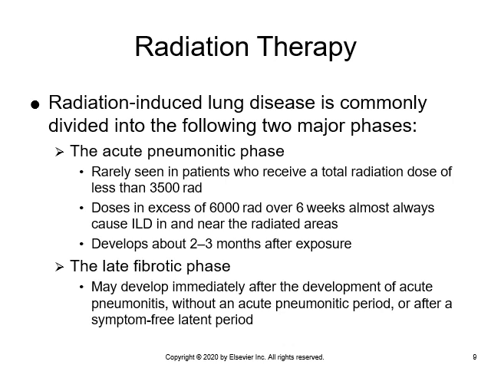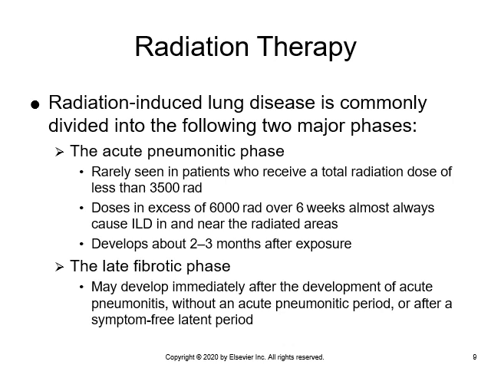By contrast, doses in excess of 6,000 rads over 6 weeks almost always cause interstitial lung disease in and near the radiated areas. The acute pneumonitic phase develops about 2 to 3 months after exposure.